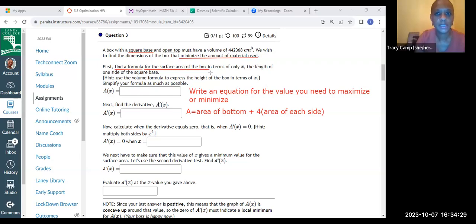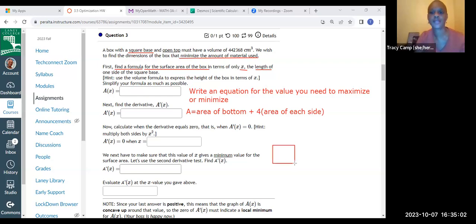It also tells us that x represents the length of one side of the square base. We know the area of a square is base times height, or sorry, it's just the side squared, right? I'll draw the square to make it clear.